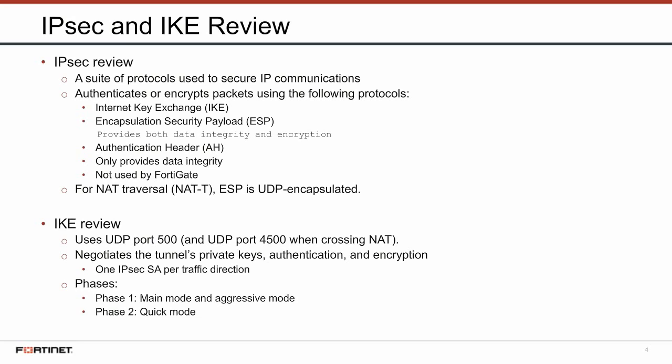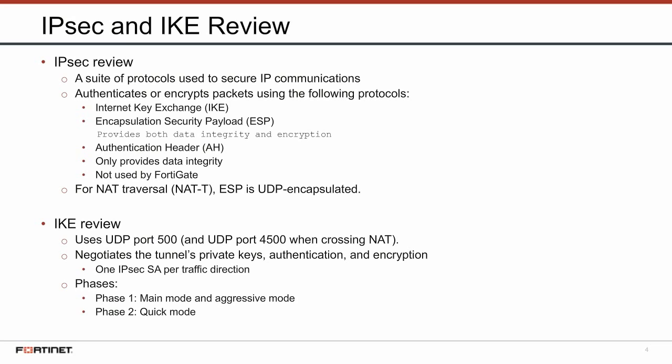Now, you'll review the fundamentals of IKE. IKE uses port UDP 500, and if NAT is enabled in a NAT scenario, UDP port 4500. IKE establishes an IPsec VPN tunnel.